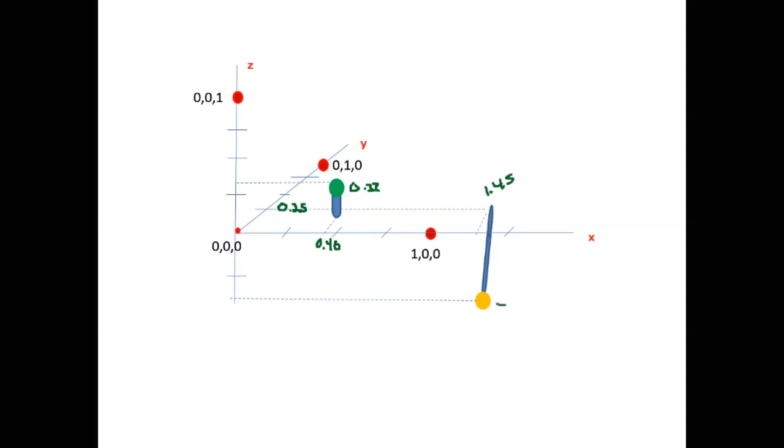So this is negative 0.667 along the z-axis. And so there's an equation you can use to calculate the distance between these 2 points, which we'll show on the next set of lecture notes.